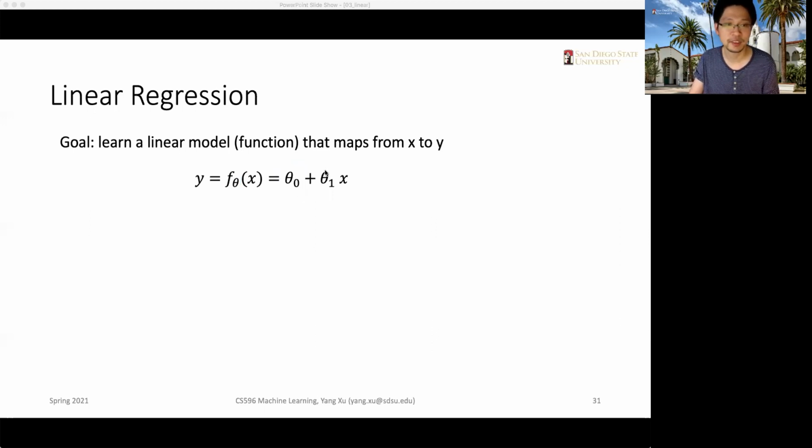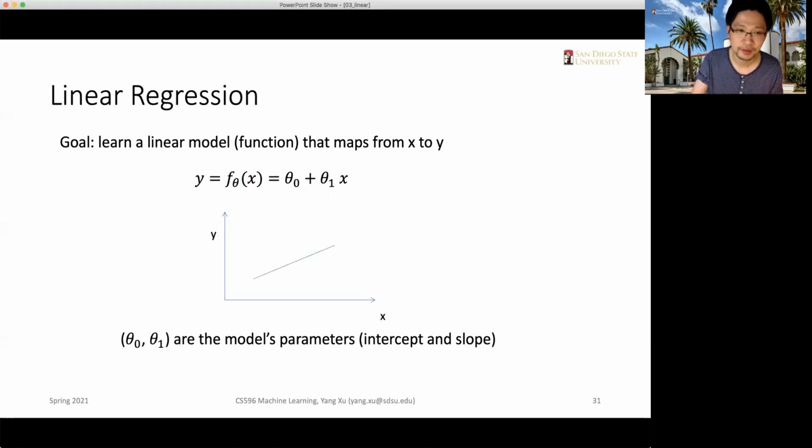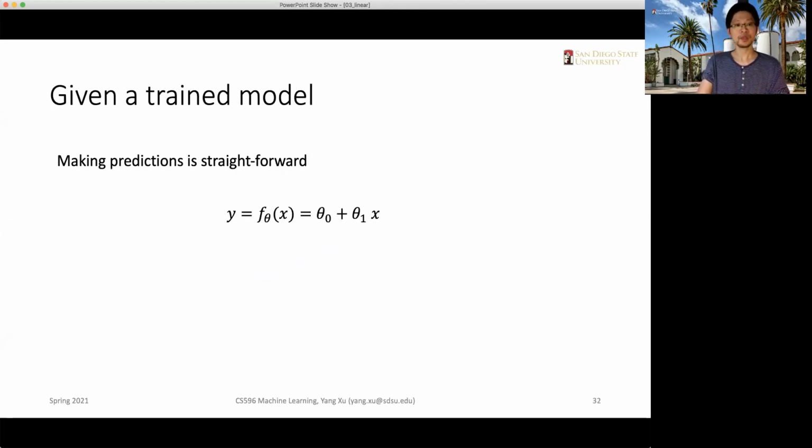Okay, so given this simple model, we're able to train a model. This is how we define the model, and then we're gonna train all the thetas in this model. Okay, and theta0 is the intercept, theta1 is the slope, right? And y is the label and x is the feature. That's correct.